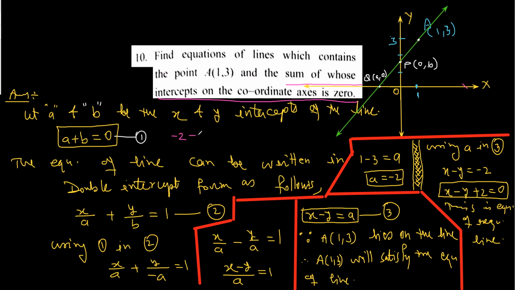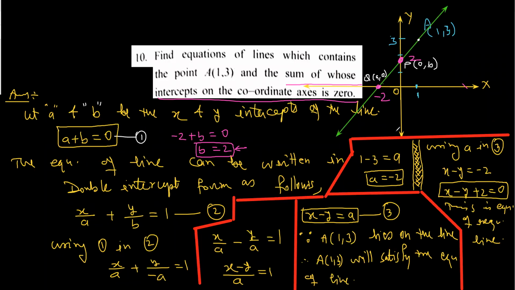See, -2 plus B is equal to 0. So B will be 2. So the x-intercept is -2 and the y-intercept is 2. See, this is -2 and this is +2. So what is the sum of these two? 0.